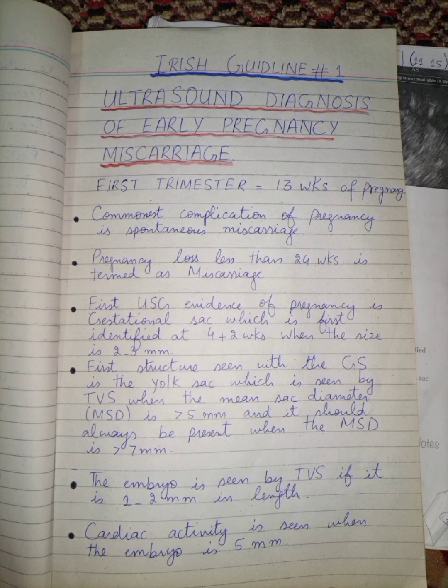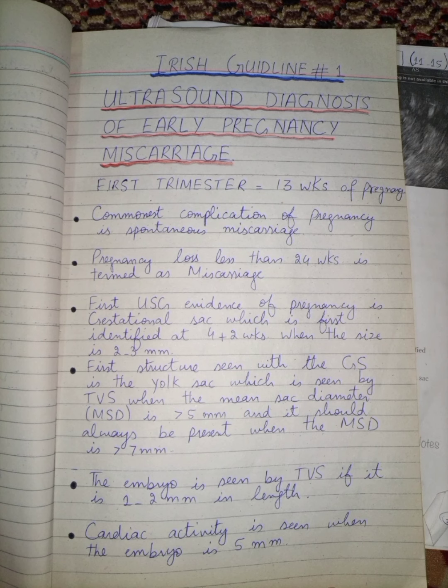First ultrasound evidence of pregnancy is gestational sac, which is first identified at 4 plus 2 weeks when the size is 2 to 3 mm. First structure seen with the gestational sac is the yolk sac, which is seen by TVS when the mean sac diameter is more than 5 millimeters, and it should always be present when the mean sac diameter is more than 7 mm.